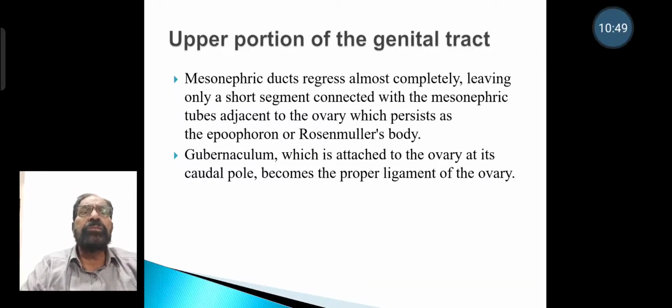Mesonephric ducts regress almost completely, leaving only a short segment connected with the mesonephric tubes adjacent to the ovary, which persists as the epoophoron or Rosenmüller's body. The gubernaculum, which is attached to the ovary at its caudal pole, becomes the proper ligament of the ovary.